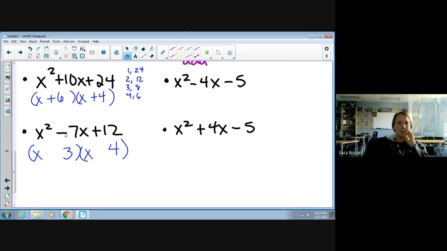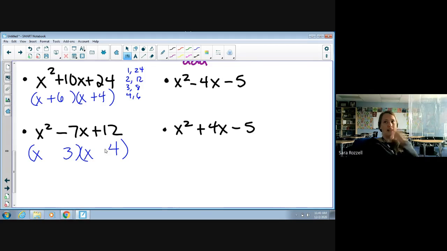We need it to add to be a negative and multiply to be a positive number, okay? So I want to look at the multiply to be a positive first. For something to be positive, you have to have a positive times a positive or a negative times a negative, right? A negative times a negative makes a positive. But in this case, we want it to add to be a -7.